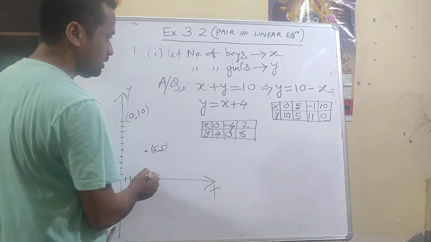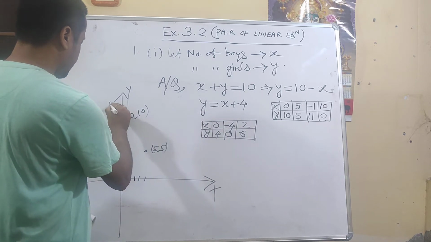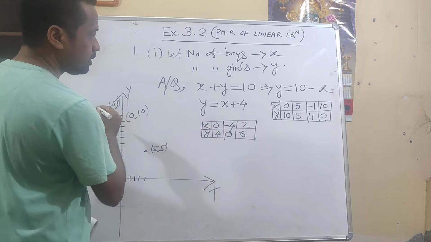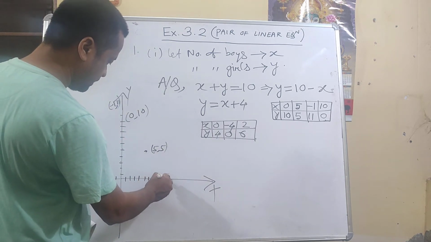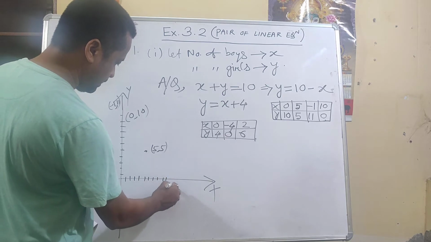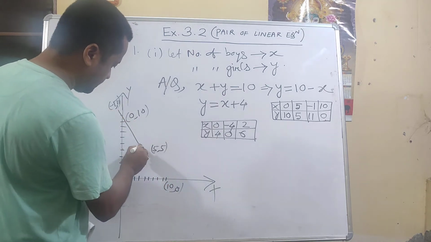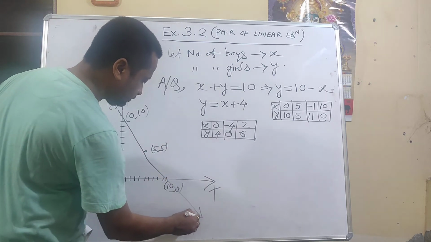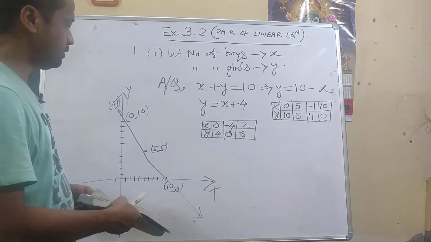Next minus 1, 11. Lastly 10, 0. Now join these points. So this is the graph for x plus y is equal to 10.